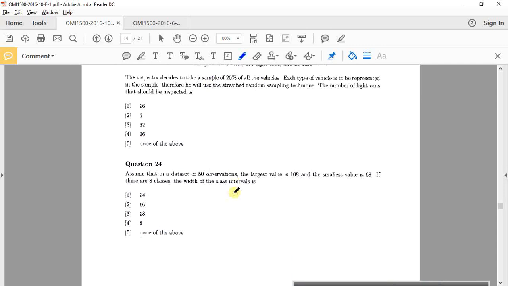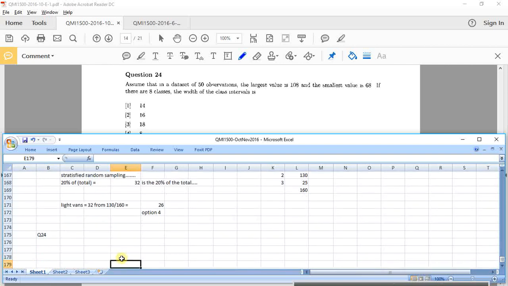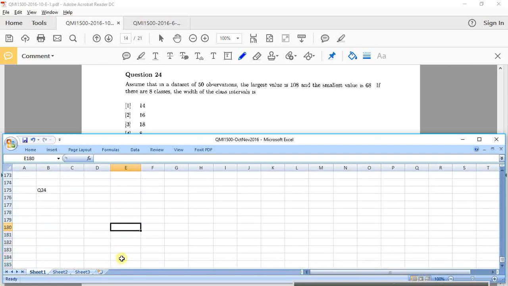Okay. Alright, 24. This is stats now. Assume that a data set of 50 observations, the largest value is that, the smallest value is that. If there are 8 classes, the width of the class intervals is, okay. So this we actually need to draw while we interpret. Okay, so 50 observations.